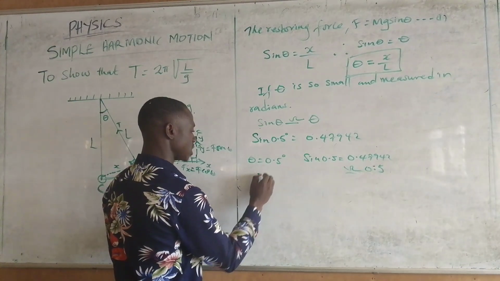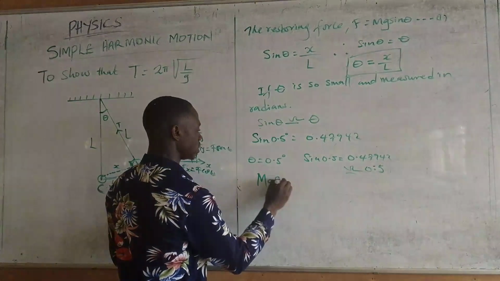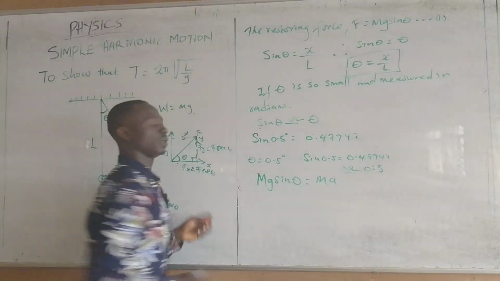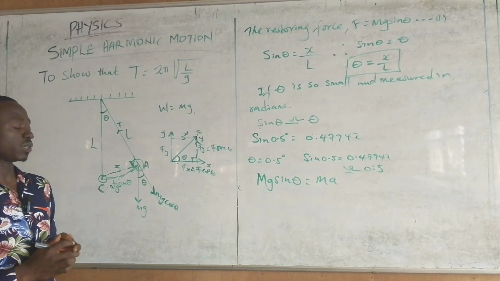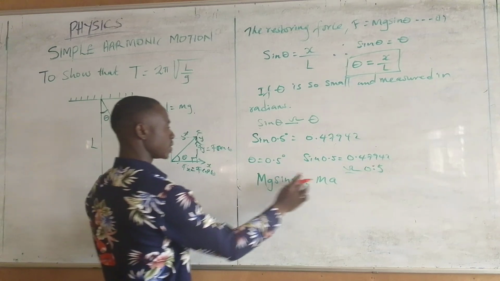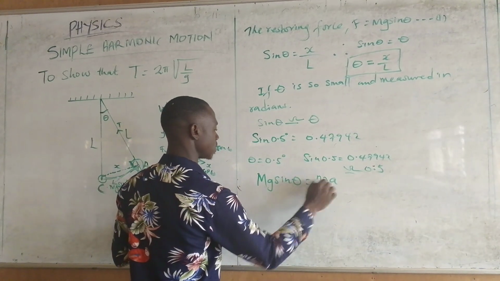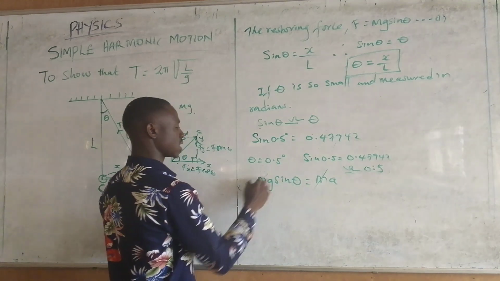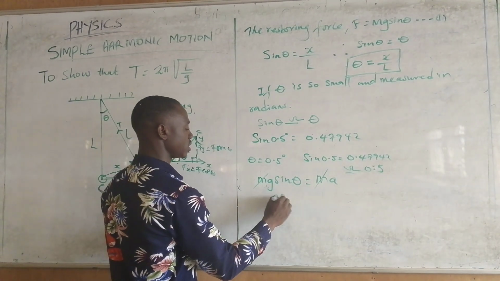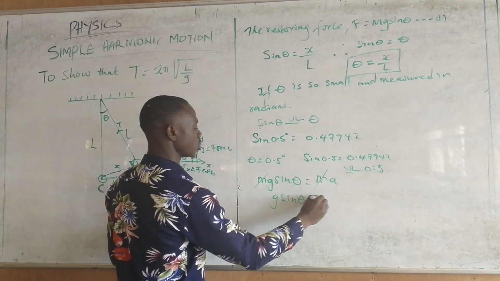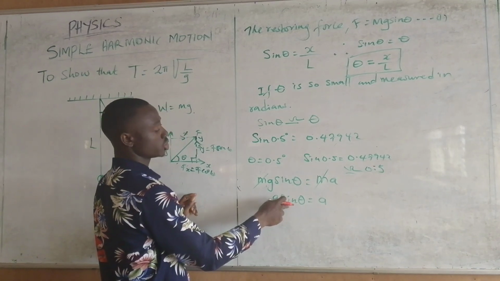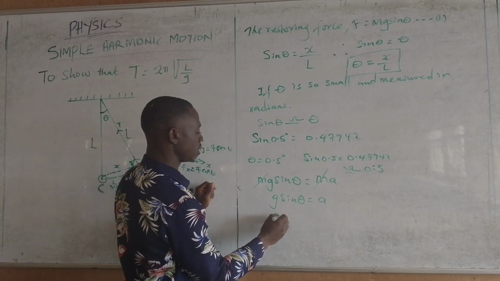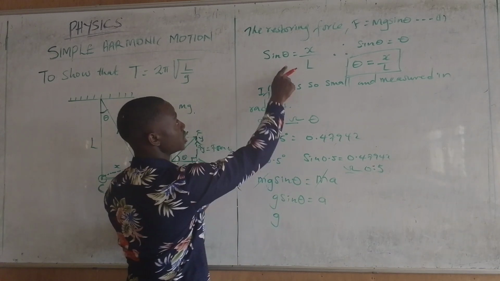I can write an equation: the restoring force mg sine theta will give us ma. Then the m can cancel out, so we have g sine theta equals a. Now let me substitute my sine theta. What is sine theta? Sine theta is theta.